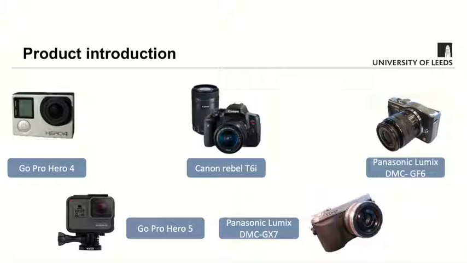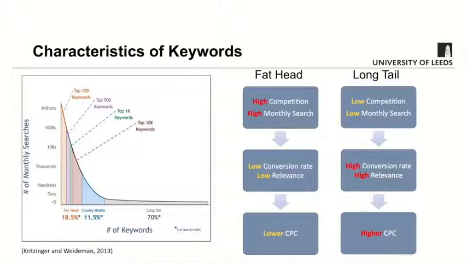The reason behind this decision is that we have already used GoPro 4, Canon, and Panasonic Lumix GF6 in round 2, so we can compare our improvement while using different strategies in round 3. We also decided to include 2 new products in this round: GoPro Hero 5 because of its high rate of sales, and Panasonic Lumix GX7 because of the very high profit margin that this product has.